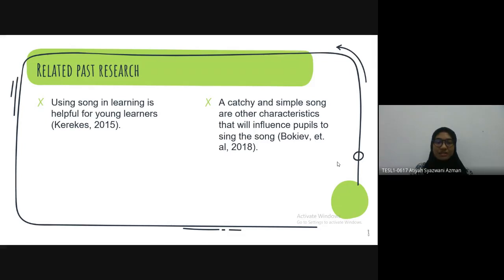In the current research, the Elsa song is very easy to imitate as it is repetitive, and the slow pace of the song helps pupils to memorize the vocabulary in the lyrics easily. Also, the choice of song must be suitable with their age, interest, and also ability. It is to help pupils to have a better understanding based on their level of proficiency.